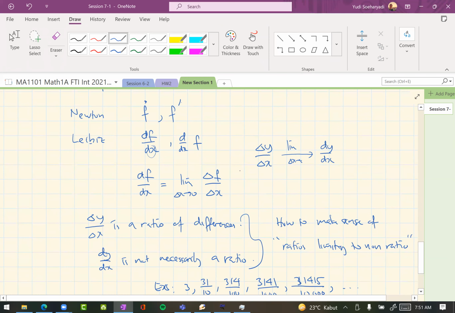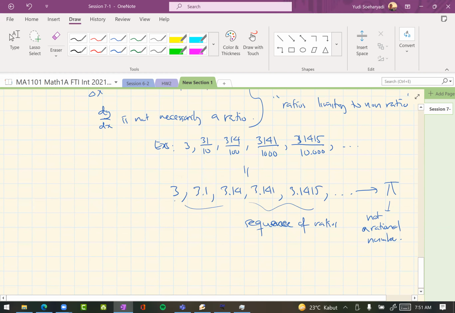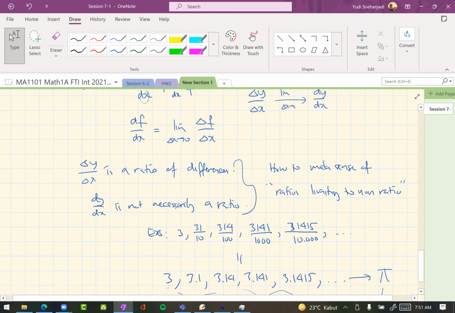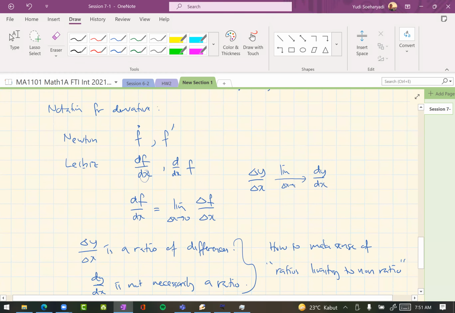So dy/dx, even though we write something like this, is not a ratio. That's just a little bit of history and background of these notations, Leibniz and Newton's notations.